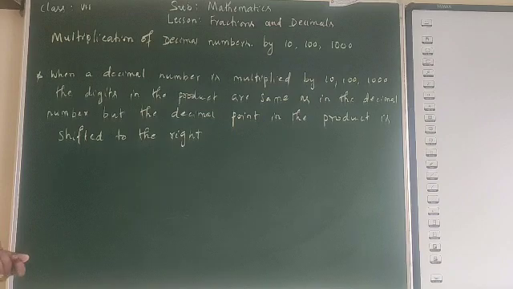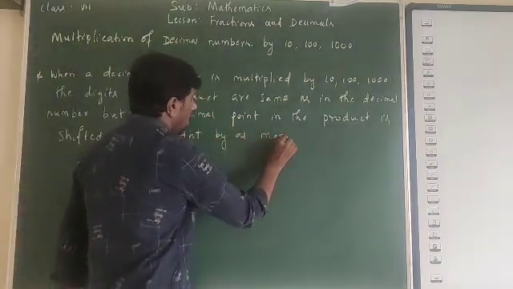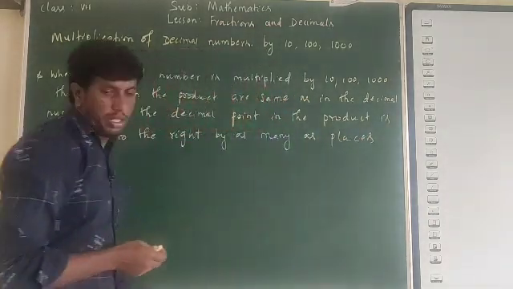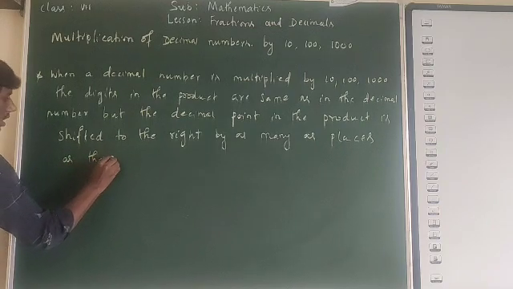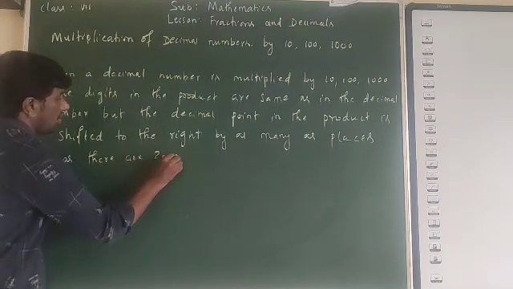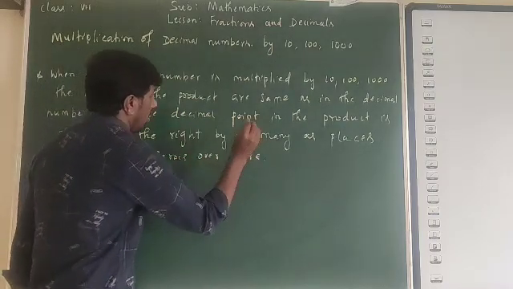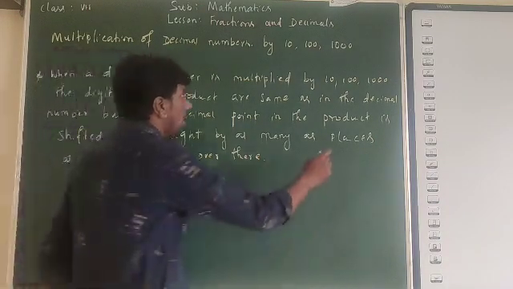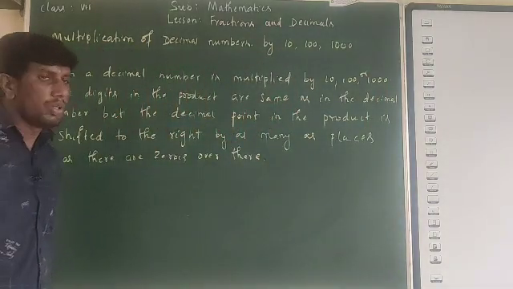Shifted to the right by as many places as there are zeros over there. So this is when we are multiplying with 10, 100 or 1000. This condition you need to remember.